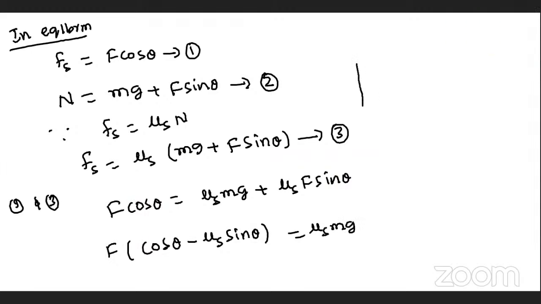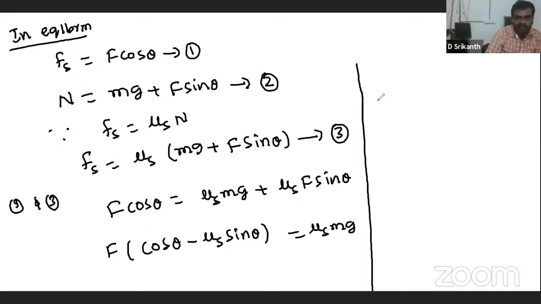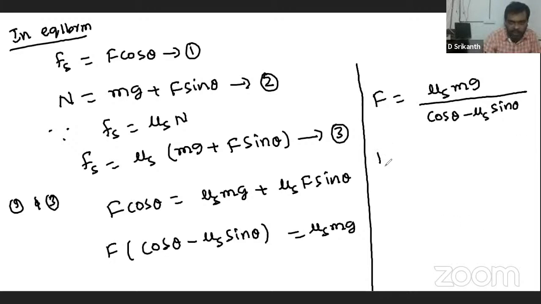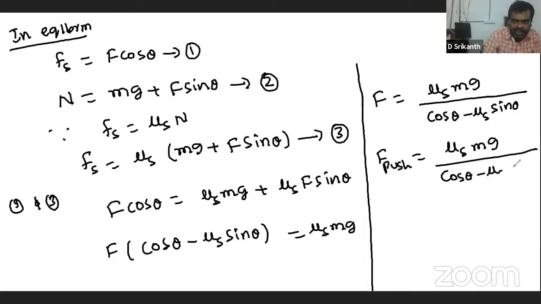So F is equal to mu s mg divided by (cos theta minus mu s sin theta). F is nothing but the pushing force, that is mu s mg divided by (cos theta minus mu s sin theta).